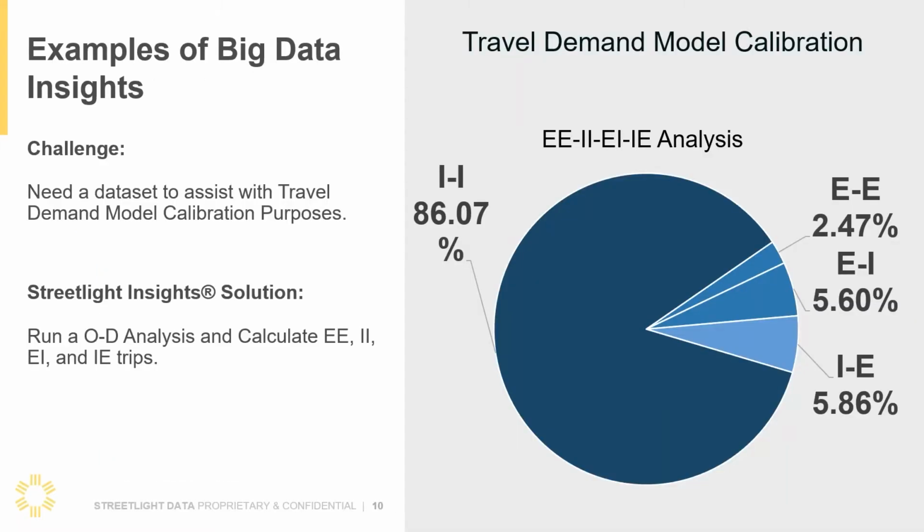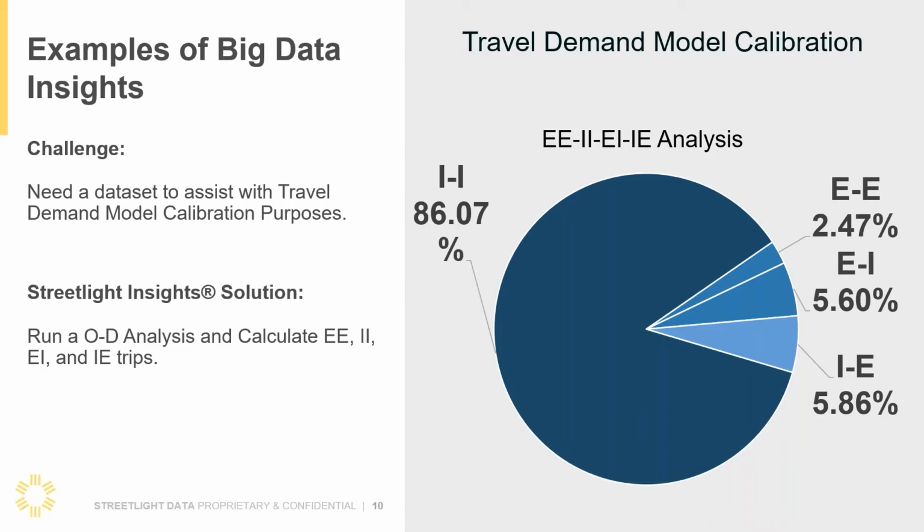So this is important when it comes to travel demand model calibration. As I mentioned kind of at the beginning, we are in the process of updating our travel model, and we really didn't have a good data set for the results that we're getting here. And so StreetLight was able to provide that. And the results show that about 86% of trips start in Dane County and end in Dane County. Those are II trips.